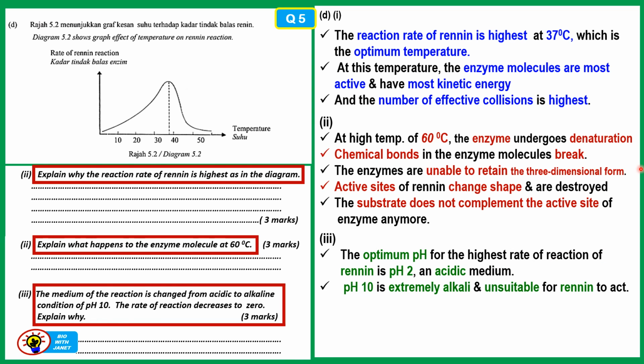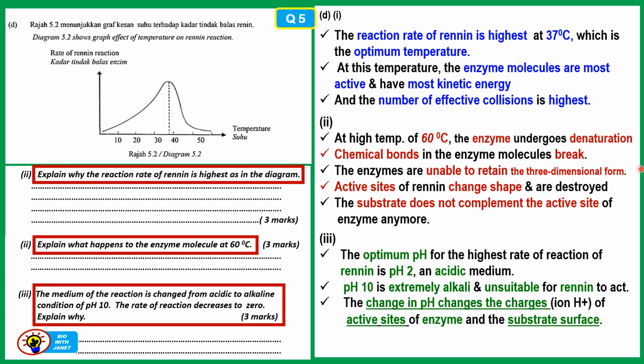So when we change it to pH 10, pH 10 is extremely alkaline and unsuitable for Rennin to act. So what happens at pH 10? The change in the pH to pH 10 will change the charges. That means the amount of hydrogen ions on the active site of the enzyme and the substrate surface changes.